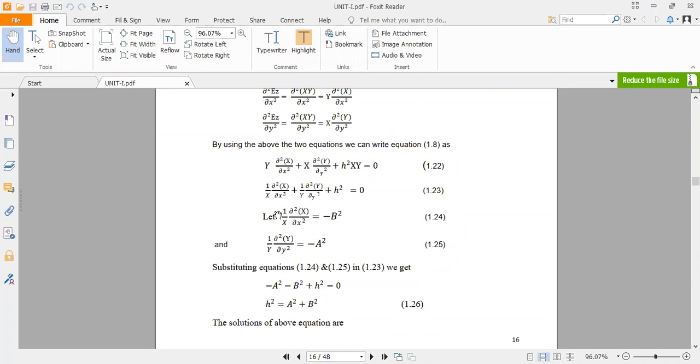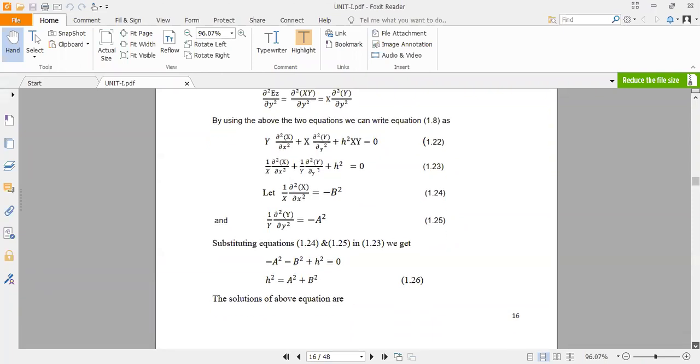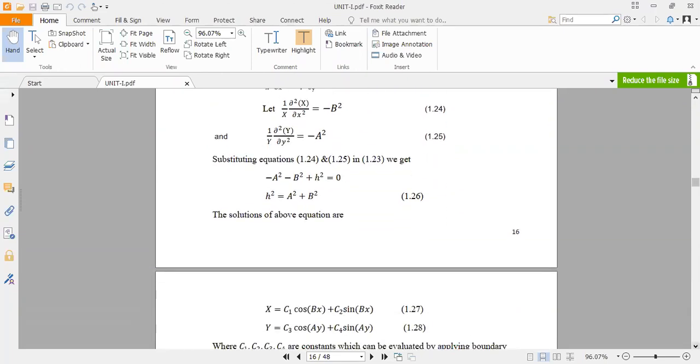In this, this term is equal to minus b square and this term is equal to minus a square, so h square is equal to a square plus b square. So we get 1.26. Yesterday we stopped our discussion at 1.26, where finally we got h square equal to a square plus b square.